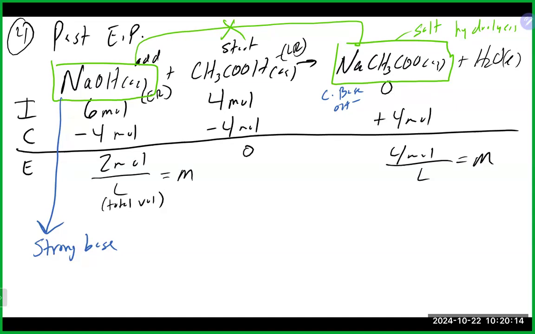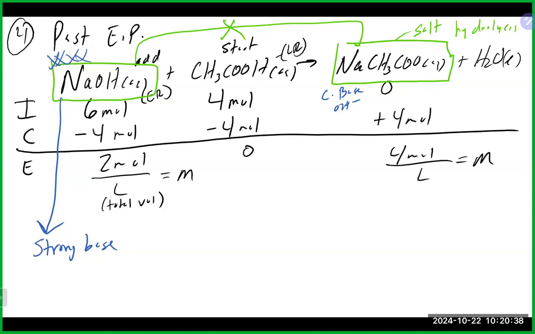The acetate's got to go find the water, do a little reaction, and produce a little bit of hydroxide. So the major contributor to the pH at this point is going to be the strong base. Even though the acetate will still continue to go through hydrolysis, all that strong base has to do is go for a swim. It's going to produce hydroxide right away.